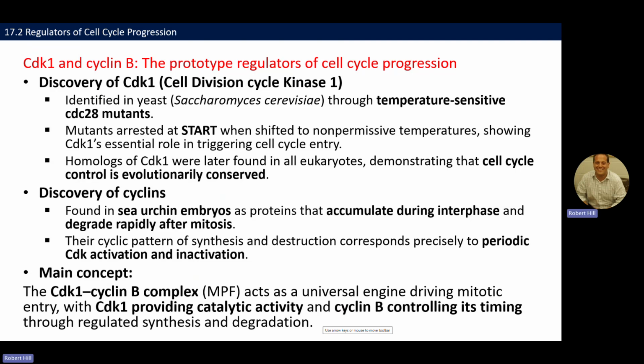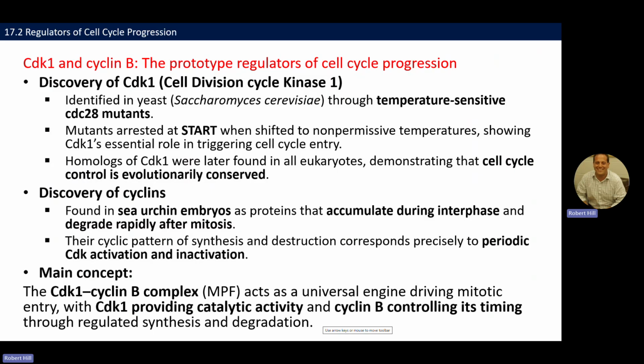But the real work of identifying the CDKs and the cyclins behind MPF began in yeast. Genetic studies early on of temperature-sensitive CDC28 mutants in yeast showed that these cells arrested at start when grown at restrictive temperatures.